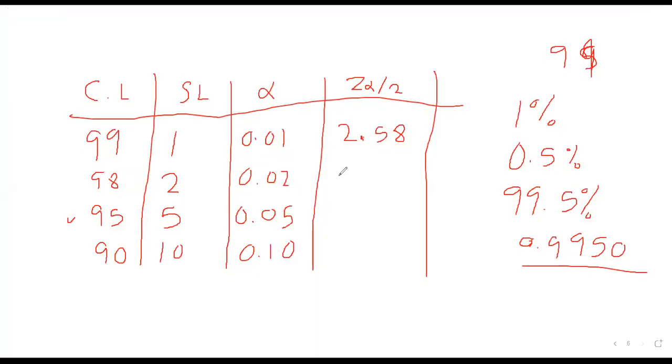Similarly, for 98%, I know it is 2.33. You need to master these ones here. But how do we get them? Step 1, find the confidence level, which is 98%. Significance level, 2%. Half of 2% is what? 1%. 1%, what do we get later on? 100 minus 1, which is 99.